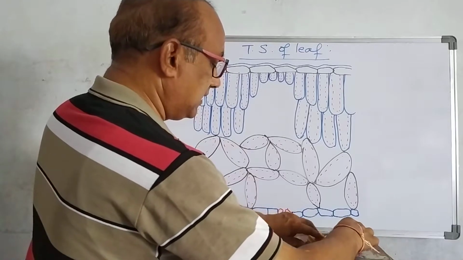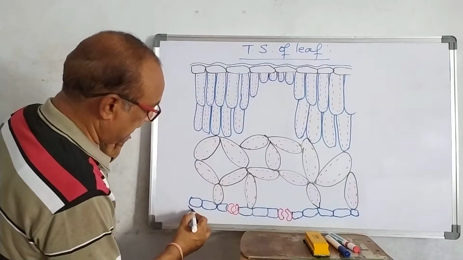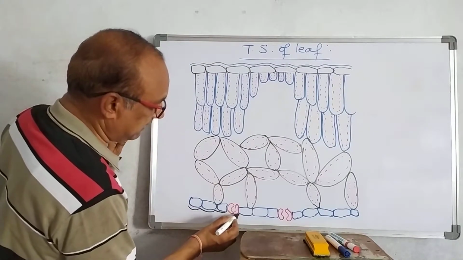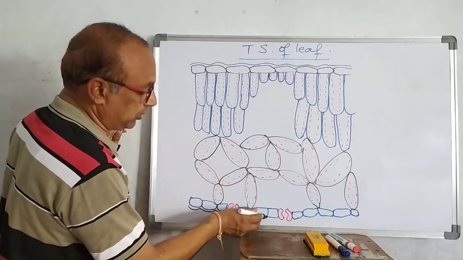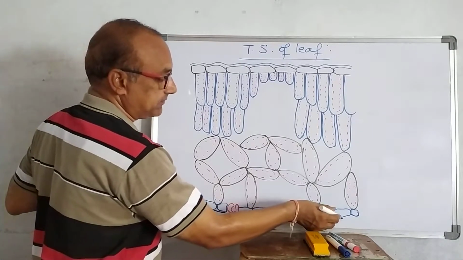And beneath the lower epidermis, there is another layer like the upper cuticle. Here you can find the lower cuticle that I am drawing with a black color sketch.